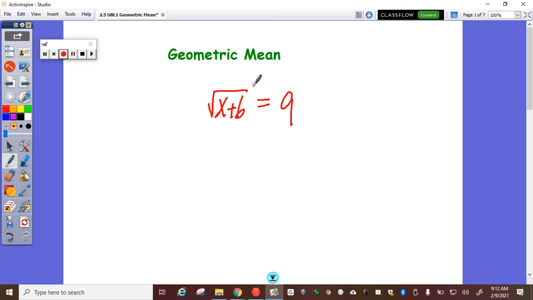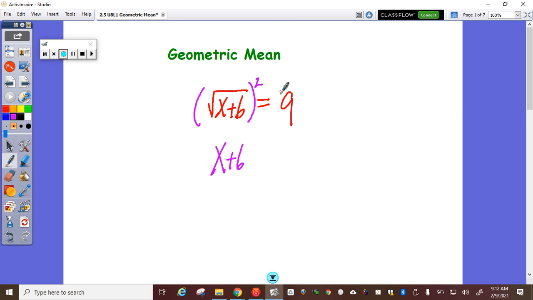So you remember how if I square a square root, it cancels it out? Remember that? Possibly? Okay. Well, if you square a square root, or take the square root of a square, they cancel each other out. So in order to get rid of this radical, I'm going to square it.